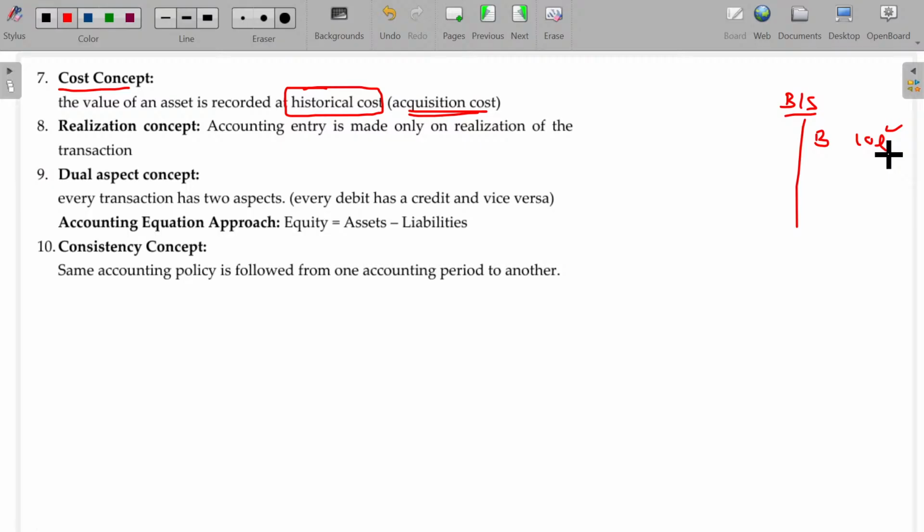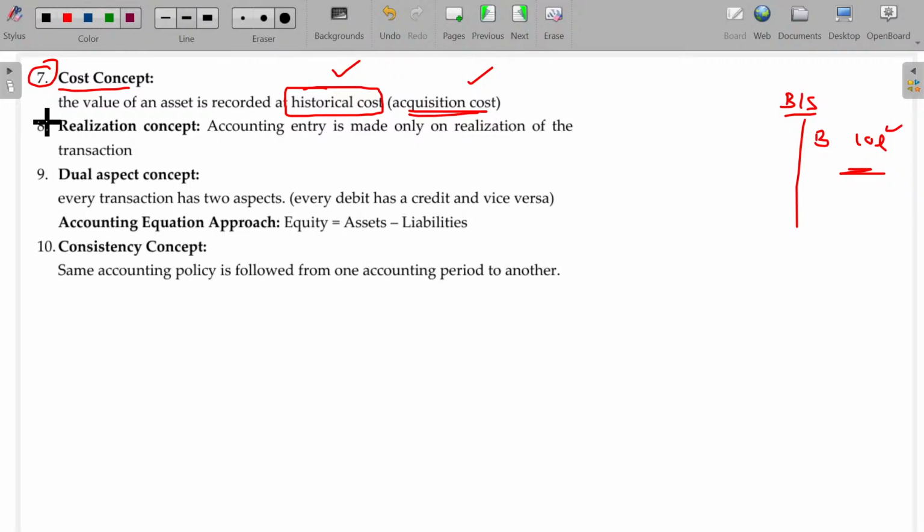Today the value may be totally different, yet you show at the same purchase price only. Each and every year, you are not going to revalue based on today's market value. This is called cost concept. Actual cost, what you spent, you show only that value. Historical cost or actual acquisition cost will be taken.